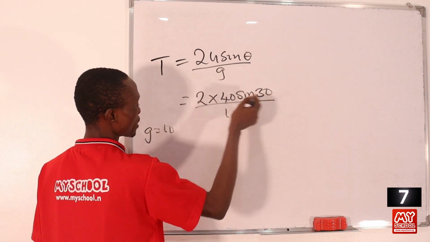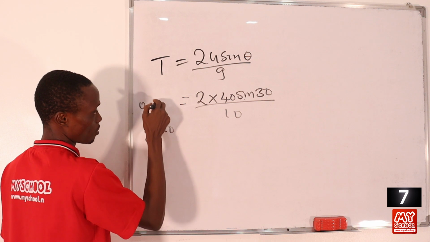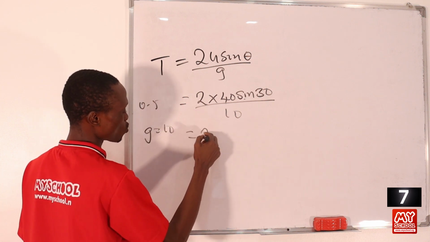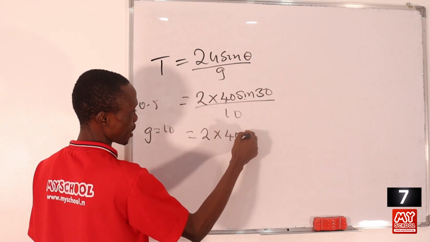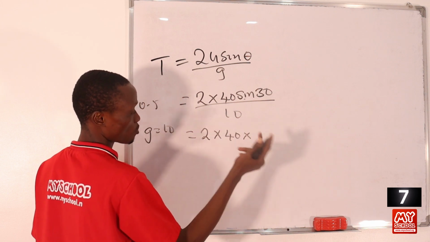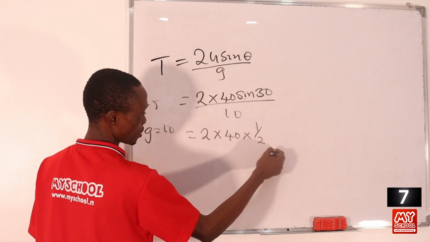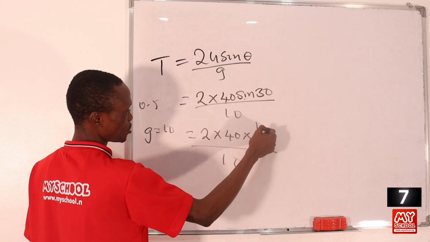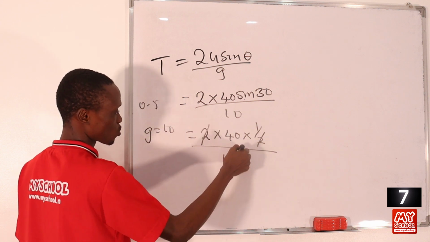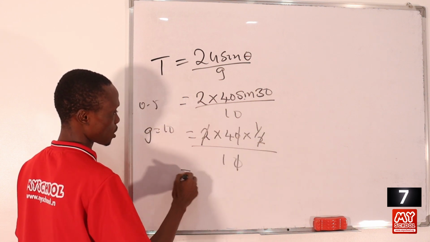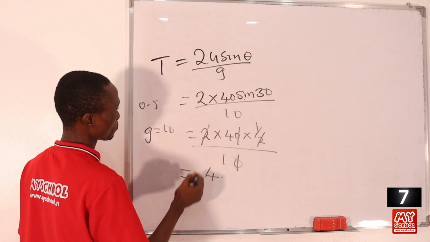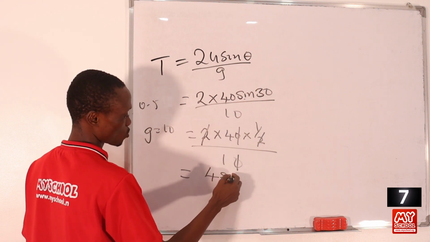But remember that sine 30 is equal to 0.5. So here we'll be having 2 times 40 times 0.5. Remember, 0.5 means 1 over 2. Okay, all over 10. So these 2 we cancel out, and this 0 we cancel out this 0, so that we'll be having 4. Okay, so the time of flight is equal to 4 seconds.